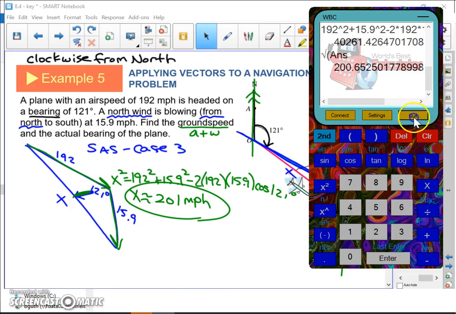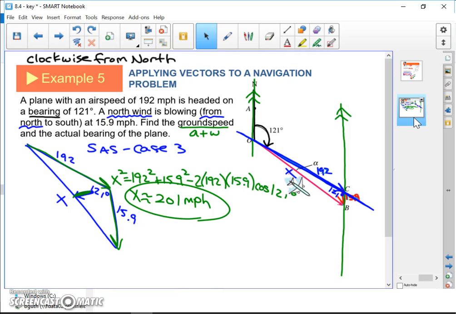So the second part of the question, they say, what is the bearing of the plane? Okay, the bearing of the plane. It's kind of hard to see in this picture, but the bearing is going to be clockwise from north, right here. And so it's going to be 121 plus whatever this little sliver is right there, theta. So we should be able to find this theta. Theta is right here, right?